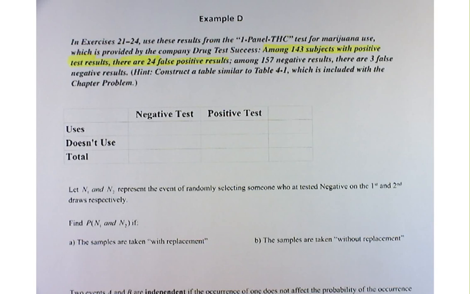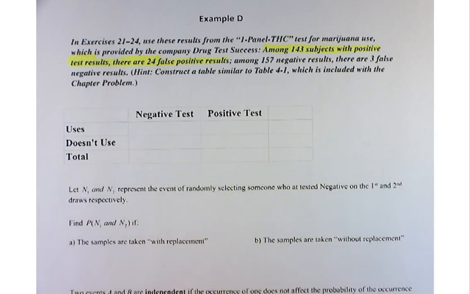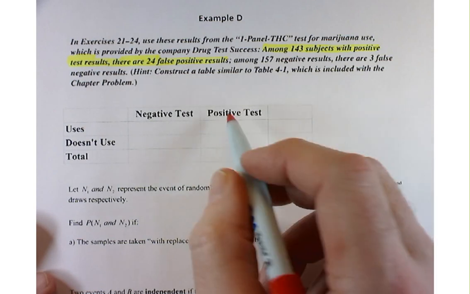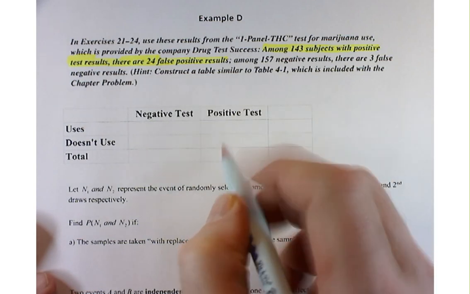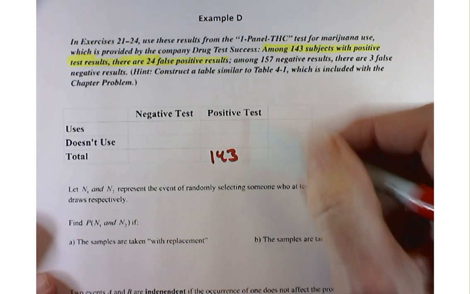The 143 is one of my marginal totals, one of the totals on this outside. Where should I put that 143? On the very right bottom, because there's 143 results that are positive.